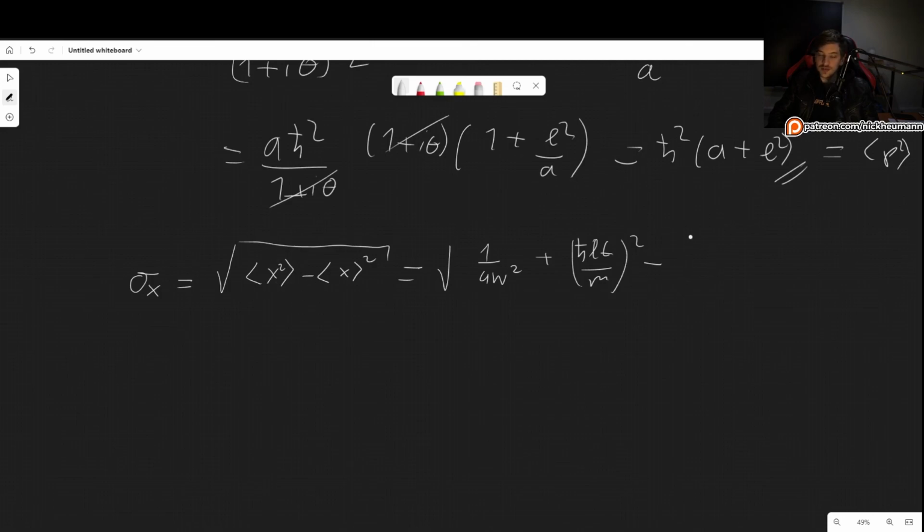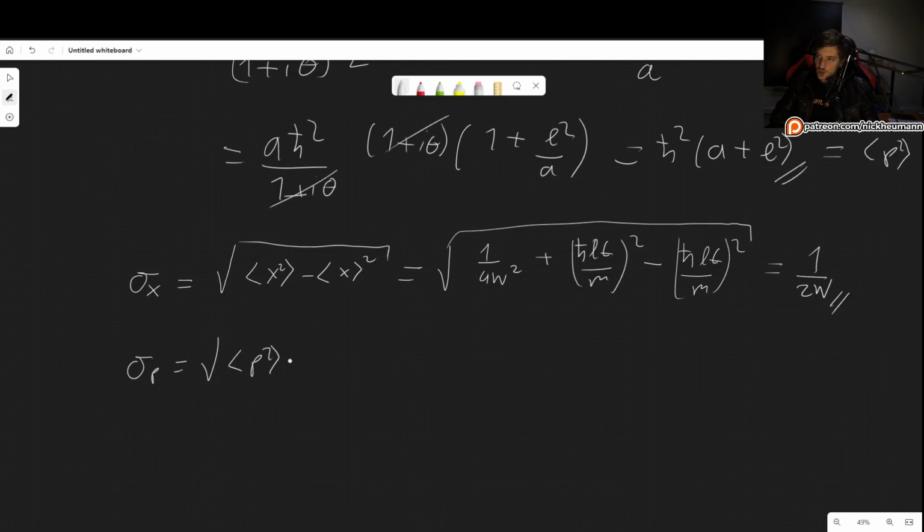And then the expectation value of x was h bar L t over m, and we have to square it. So sigma x is simply 1 over 2w.